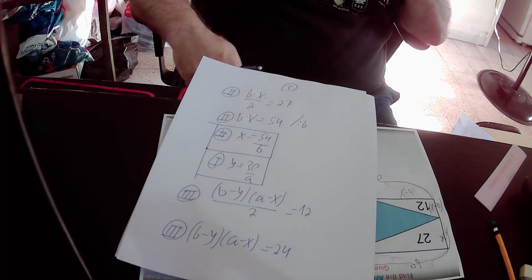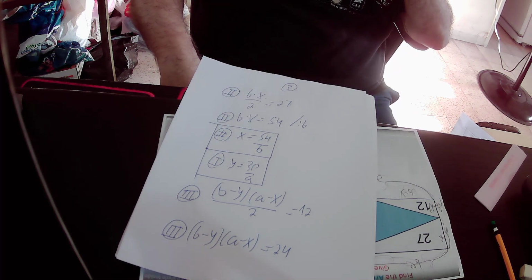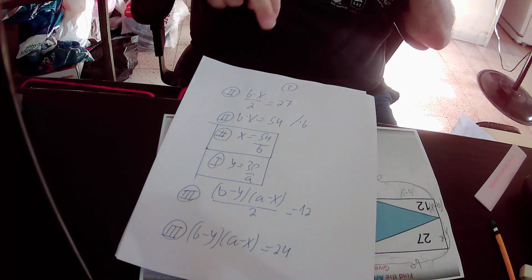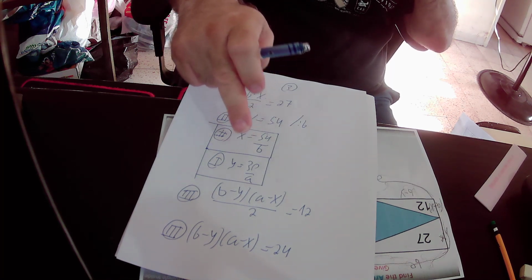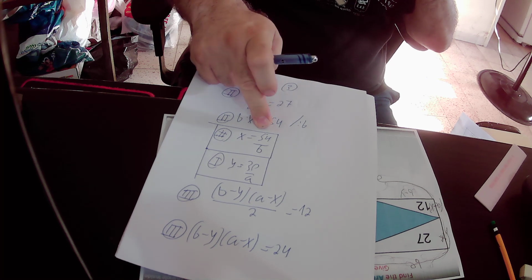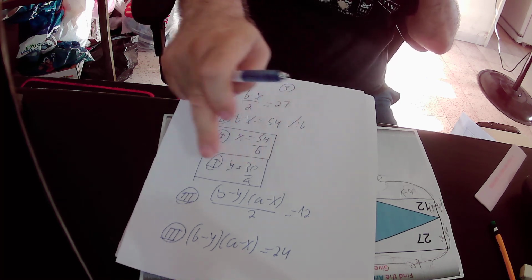Okay, so now, as I already told you, we will substitute y by 30 over a and x by 54 over b in this third equation.